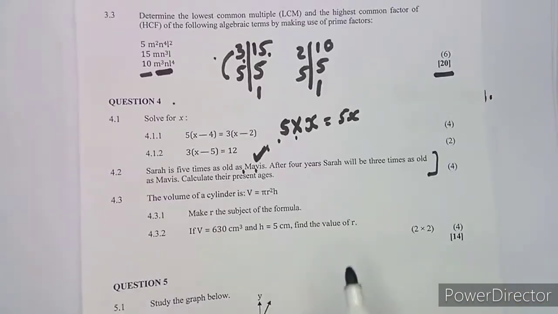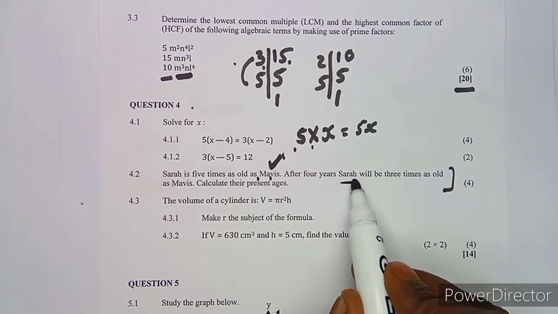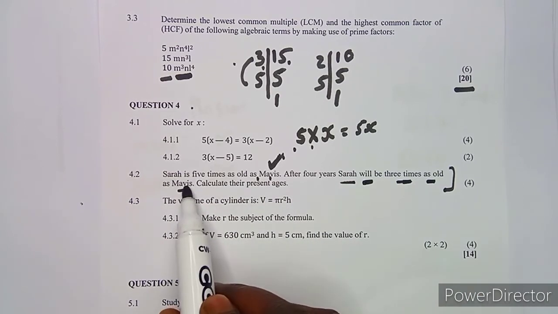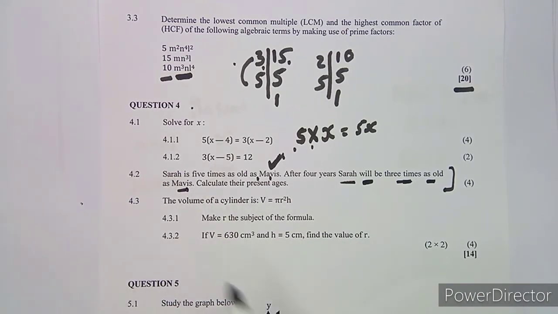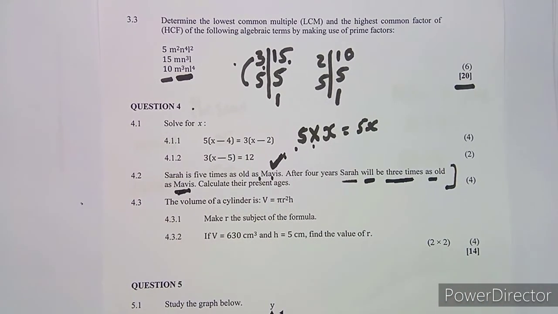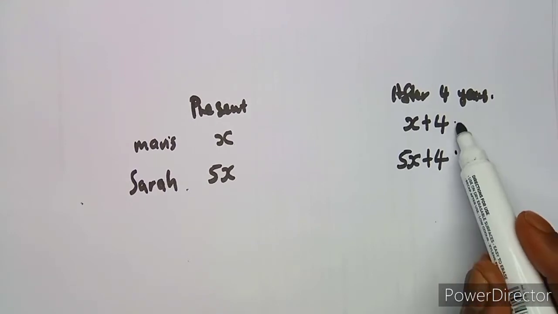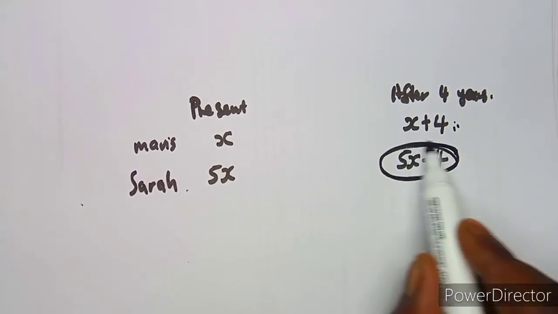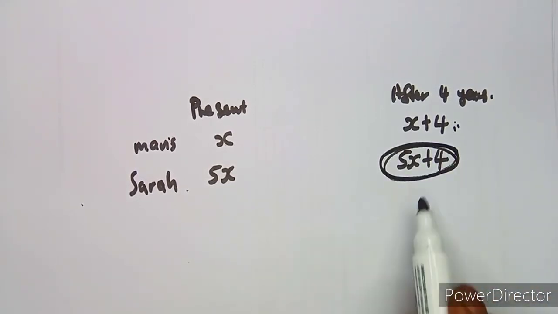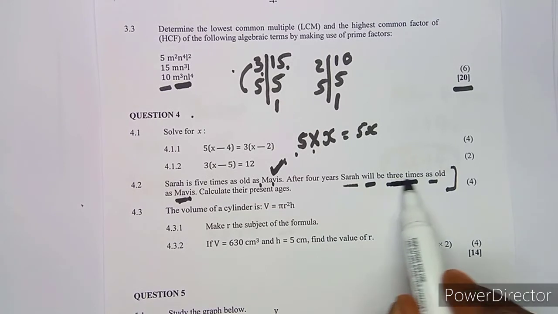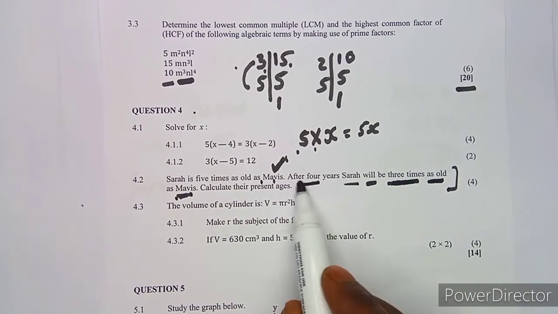But they are saying after 4 years, Sarah will be 3 times as old as Mavis. All right. After 4 years, Sarah will be 3 times as old as Mavis, which means these are their ages after 4 years, these ones. And they are saying this Sarah's age, which is 5x plus 4, after 4 years, is equivalent to 3 times as old as Mavis after 4 years.